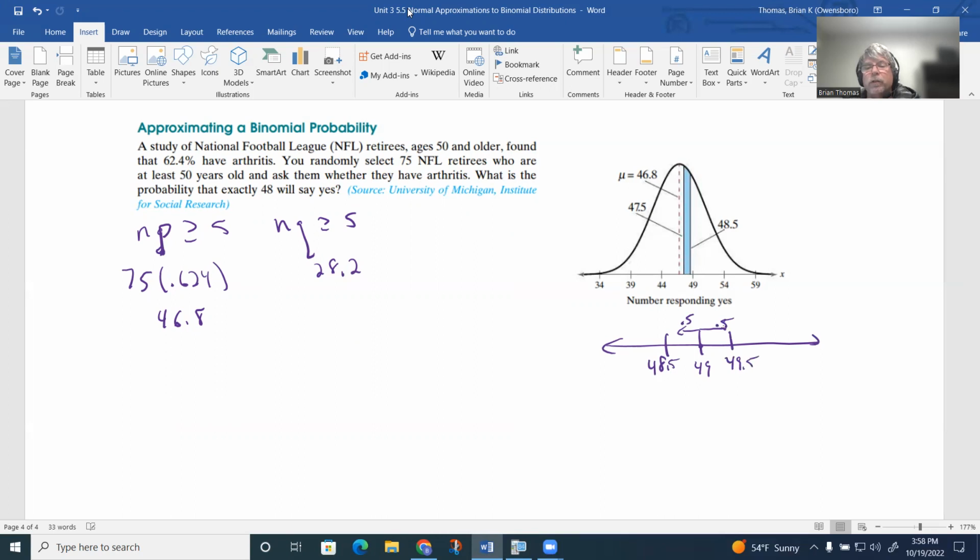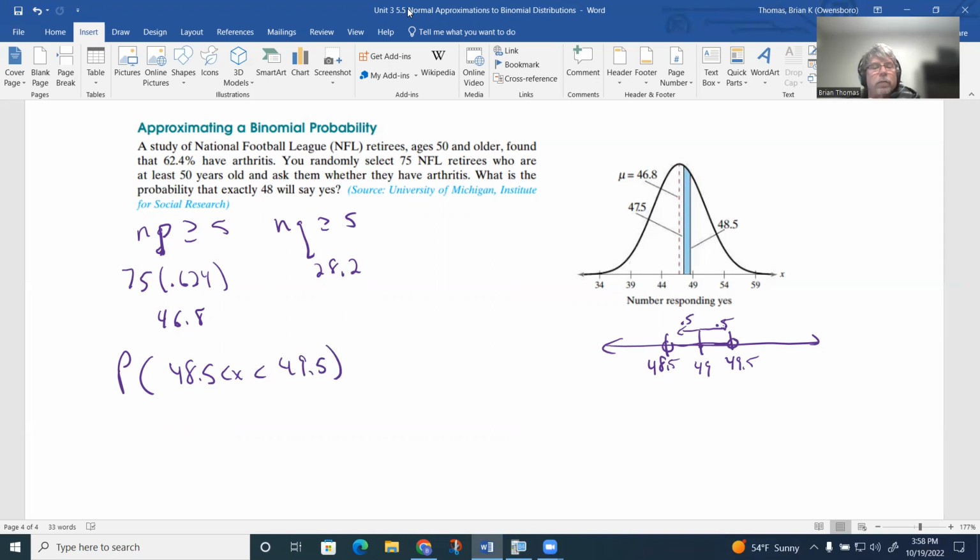So to include the 49, our interval becomes 48.5 to 49.5. So our probability is actually going to be 48.5 less than x, which is less than 49.5, for our normal distribution calculation.